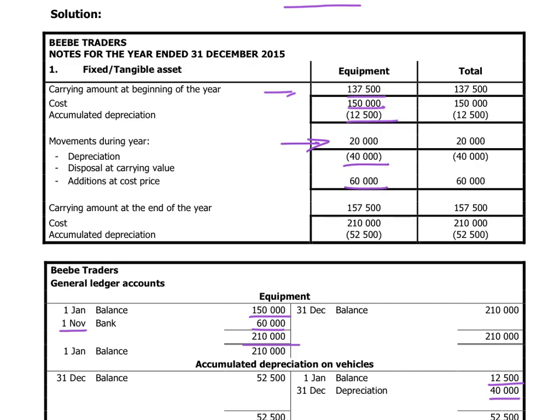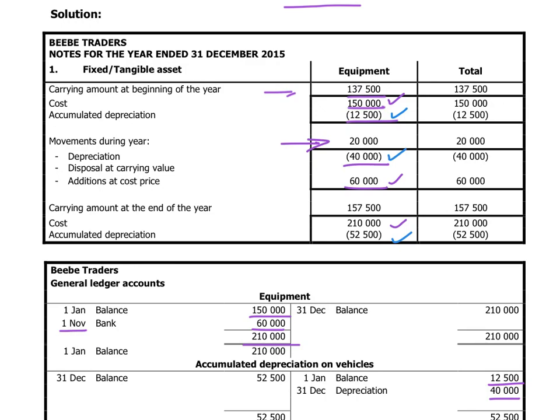At the end of the year, I will look at my cost price of 150,000 plus the 60,000, and that will give me a total value of 210,000. At the beginning of the year, my accumulated depreciation was 12,500. I wrote off another 40,000 in the current year, so the accumulated depreciation at the end of the year is 52,500, when I add the 40,000 and the 12,500 together.